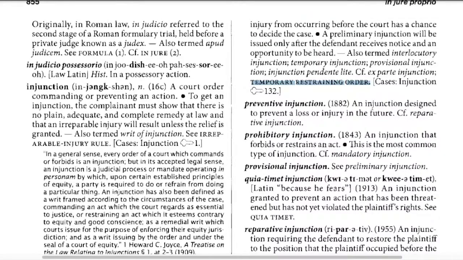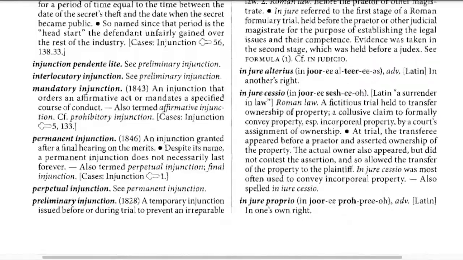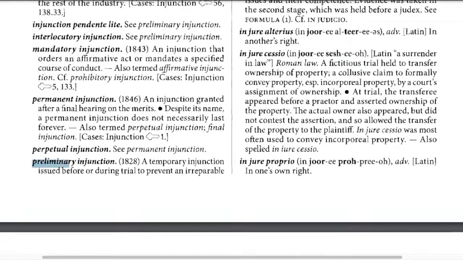Also termed, look at this, interlocutory injunction, temporary injunction, provisional injunction. That's another one, provisional, injunction pendente lite, ex parte injunction. So again, this is a very good one to know, preliminary. Let's keep that in the notes.